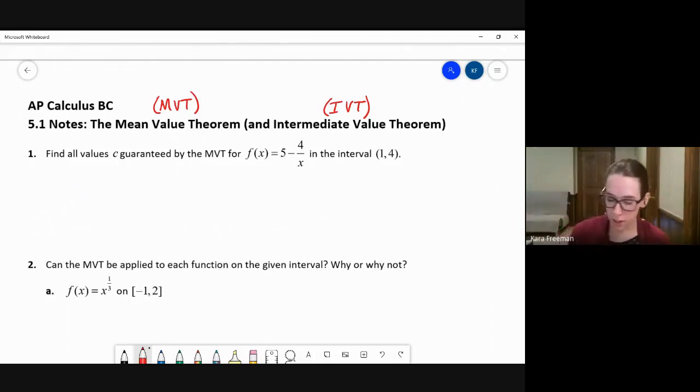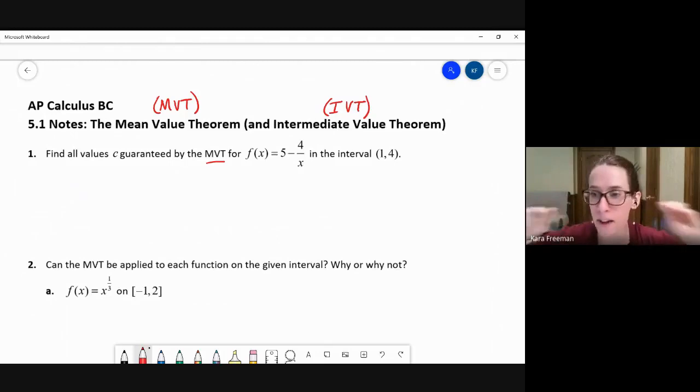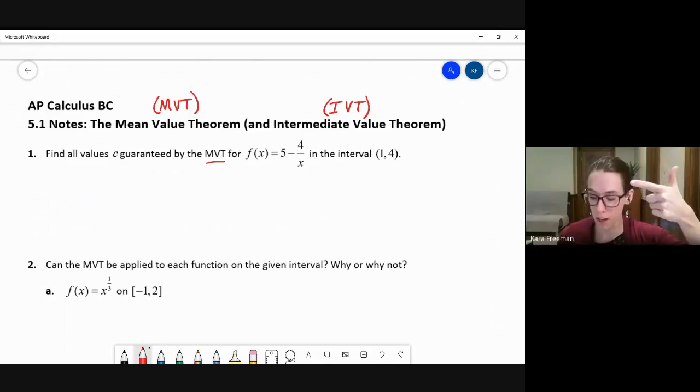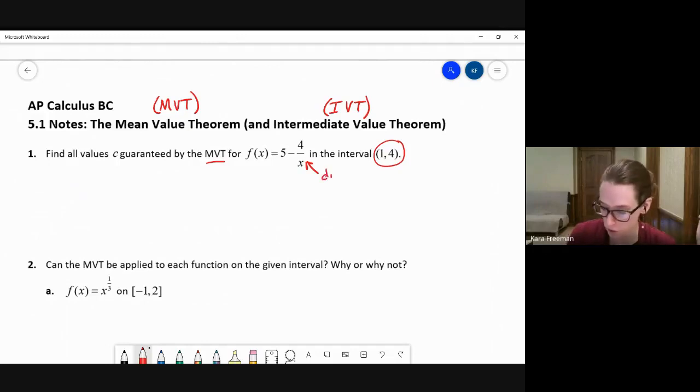So the mean value theorem says that I want the average rate of change to equal the instantaneous rate of change. But before you ever apply the mean value theorem, what must you test? It has to meet what conditions? The function must be differentiable and continuous. Now we're focusing on the interval from 1 to 4. If I didn't give you that interval, is this function continuous everywhere? No. Where is this function discontinuous?